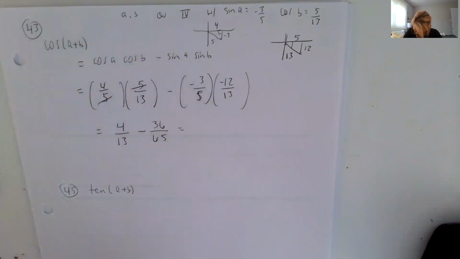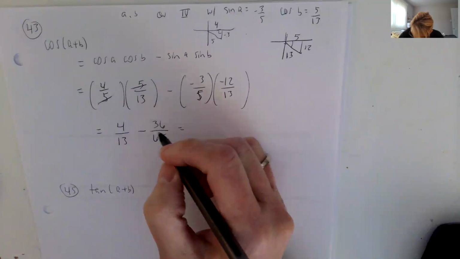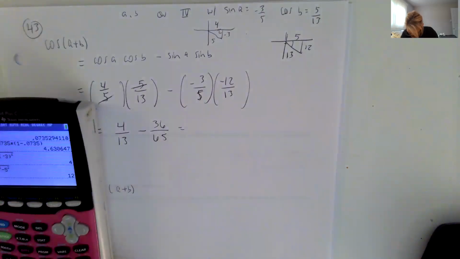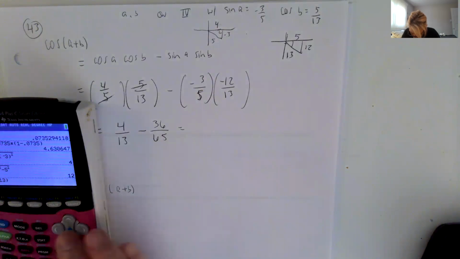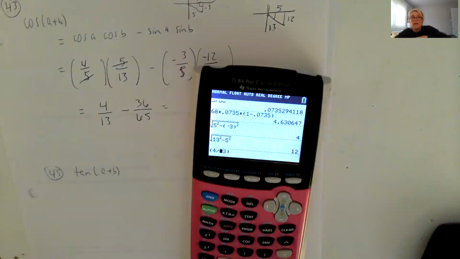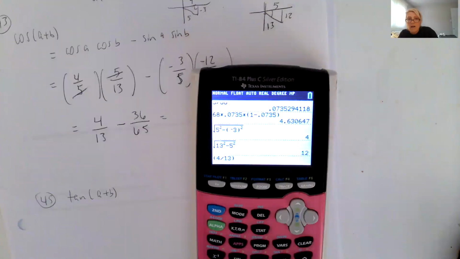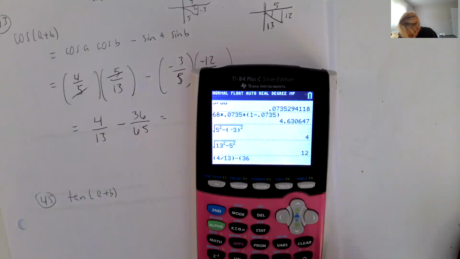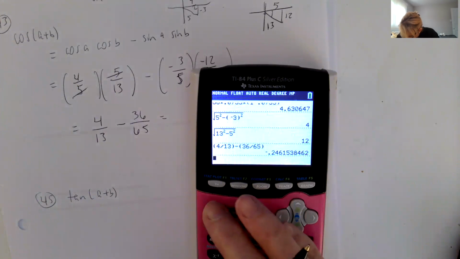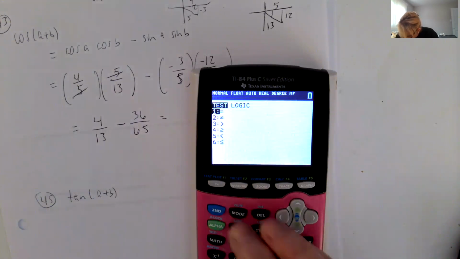And we can do some canceling, or maybe not. 4 divided by 13, subtracting 36 divided by 65, is that, I'm going to try to, oops.